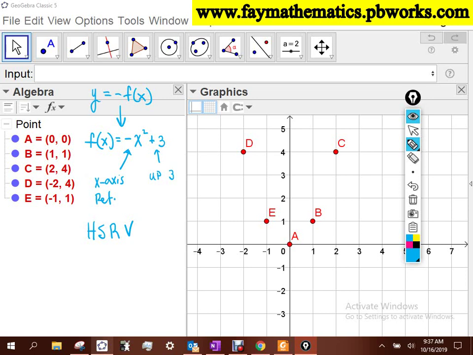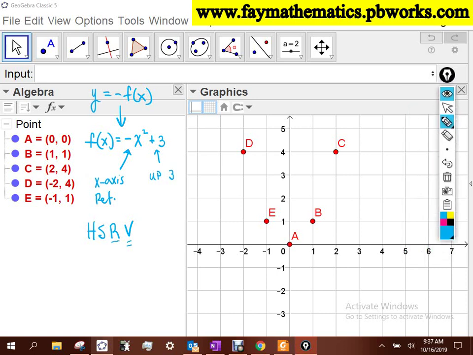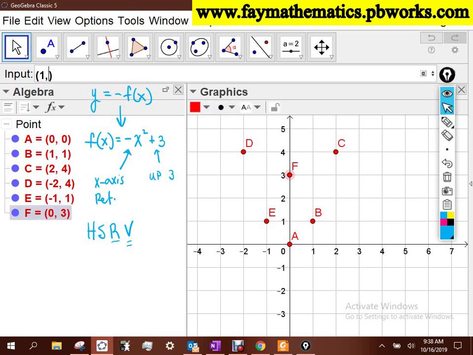But what I want to do is this kind of backwards. I said we want to do HSR. We want to do reflections before we do vertical translations. Let's do this incorrectly and see what happens. If I do a vertical shift first to these points, that's going to give me what? (0, 3), (1, 4), (2, 7), (-1, 4), and (-2, 7), right?